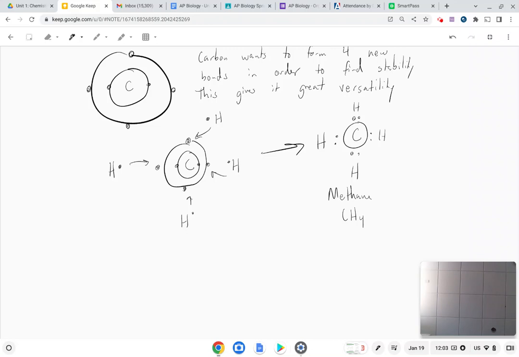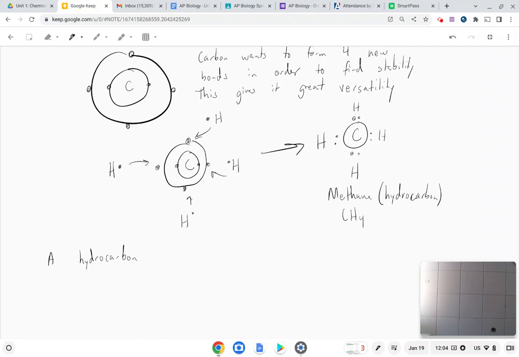Okay, so methane is an example of a hydrocarbon. Now, if we break down the word hydrocarbon, we find 2 parts. There's the hydro, and then there's the carbon. Hydro means hydrogen, carbon means carbon.